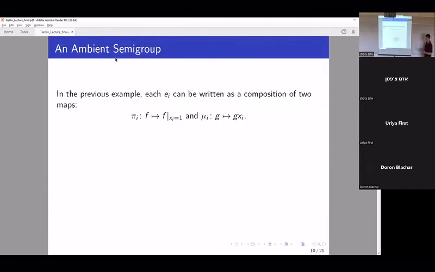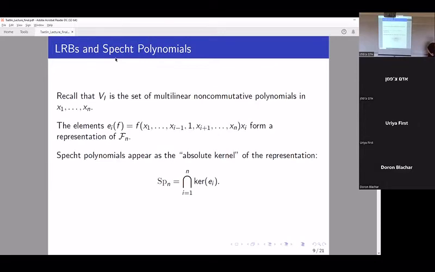Okay, so the way to do it is, what we really want to do is take a representation of the left regular band and expand it to a partial representation of a bigger semigroup. And the idea to do that is that when we consider the previous example, we can take the operation of e_i and write it as a composition of two operations.